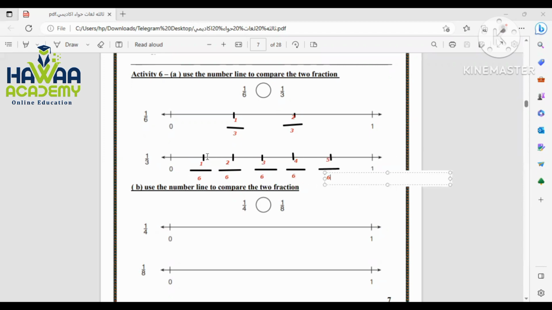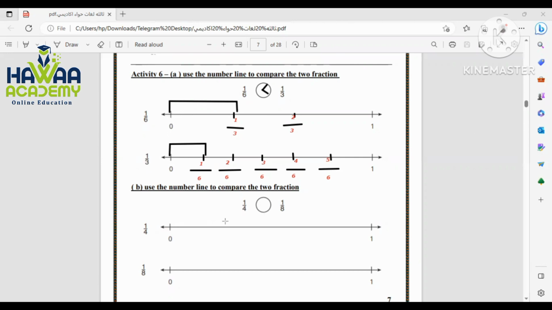Okay, let's compare together the distance between 0 and 1/3 and the distance between 0 and 1/6. Which one is greater or longer? Between 0 and 1 over 3, so 1 over 3 is greater than 1 over 6.